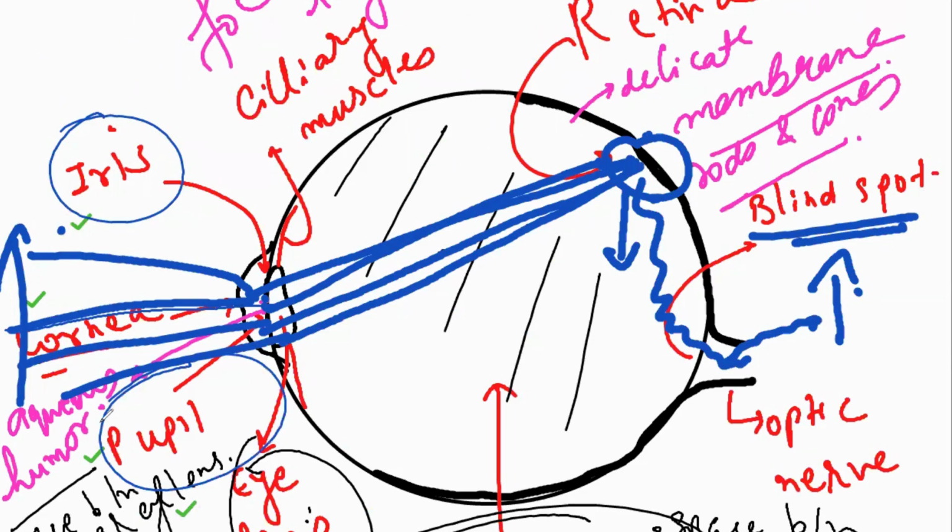Iris controls the size of the pupil and the color of our eyes. Very good. And what is the role of pupil? It's a hole in our eyes through which the light passes through. Acha.